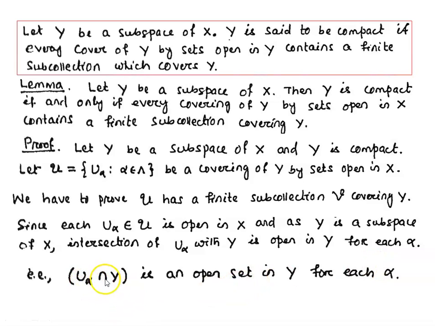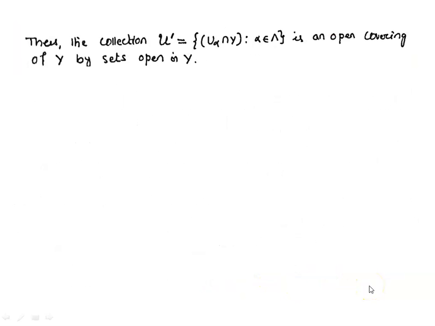That means U alpha intersection Y is an open set in Y for each alpha. Now let us collect all U alpha intersection Y, for every alpha, and let that collection be our U dash.